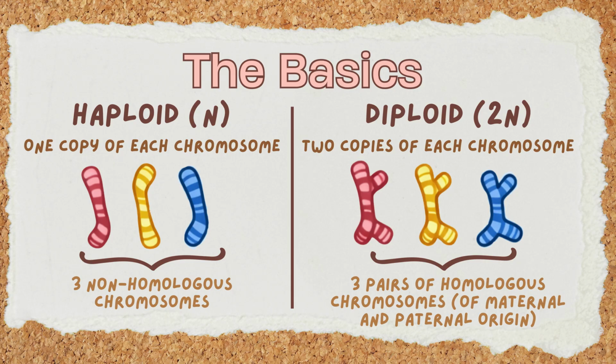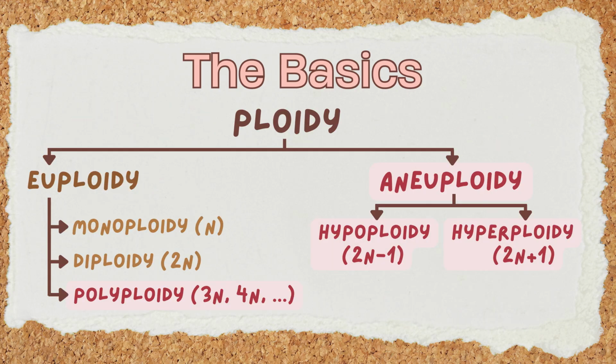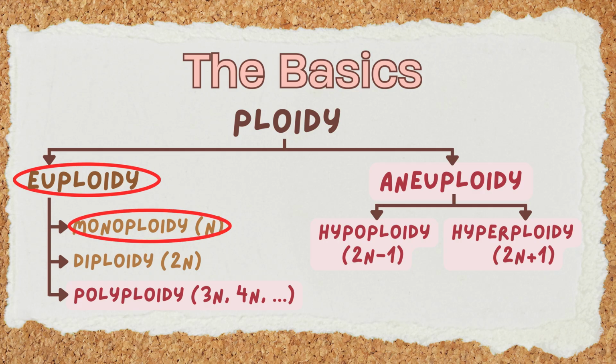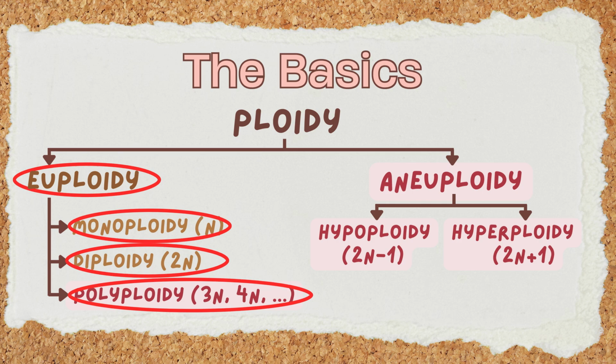This is represented by 2N. Now from there, we define two important concepts. A euploid number means you have exact multiples of the haploid set. So 2N, 3N, 4N, that's an even organized system.